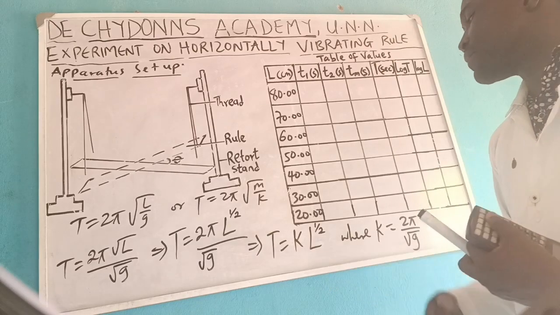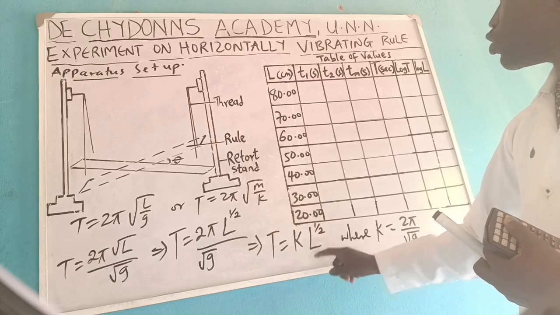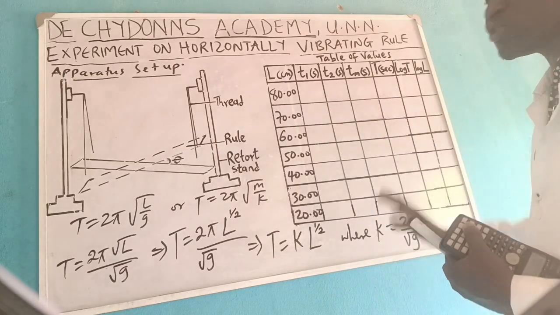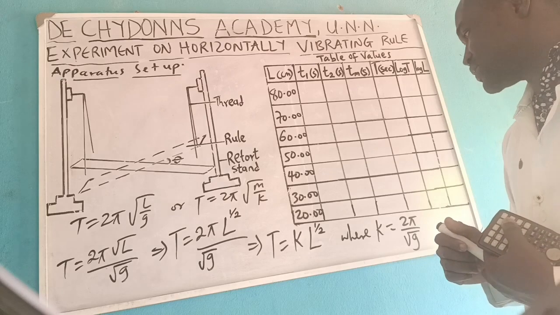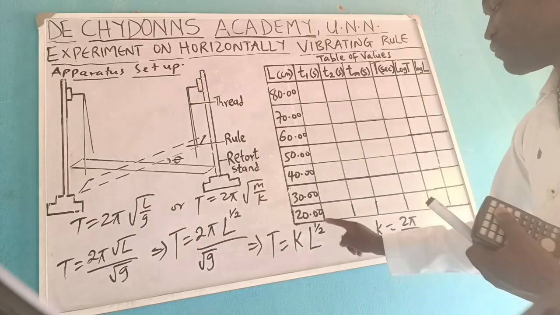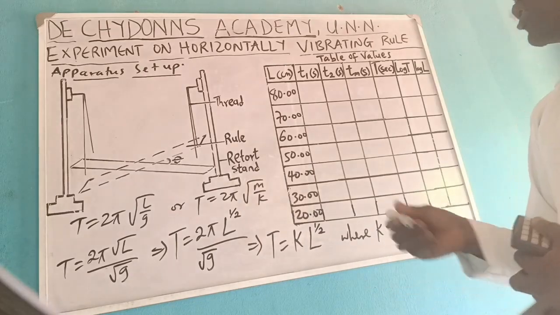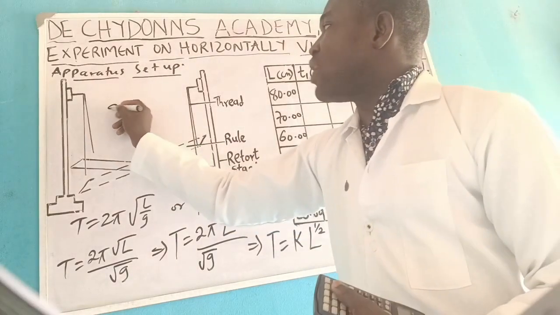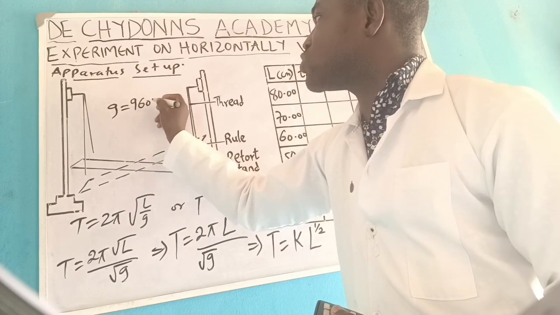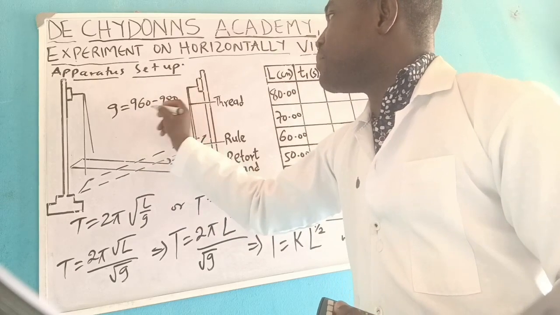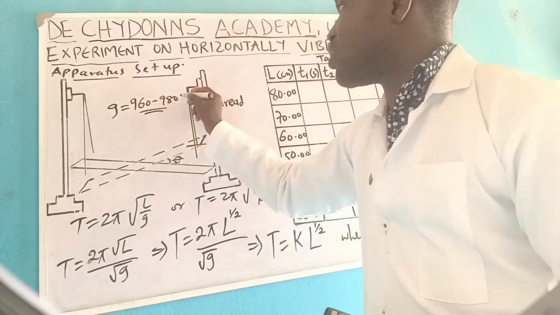Are you getting it? And so, I will use this formula now to make my tables without performing this experiment. How do I do that? 1 over 2 is constant already and k is 2 pi over root g. Note that the value of g you will be taking should range between 960 and 980 centimeter per second square.